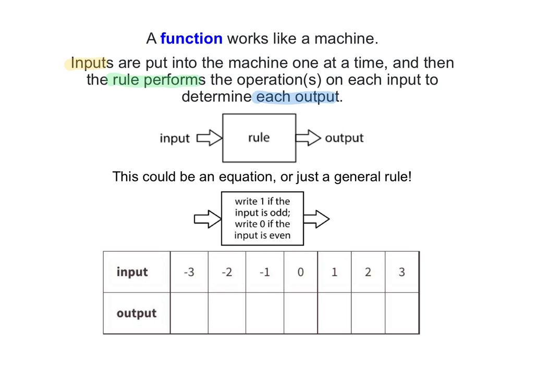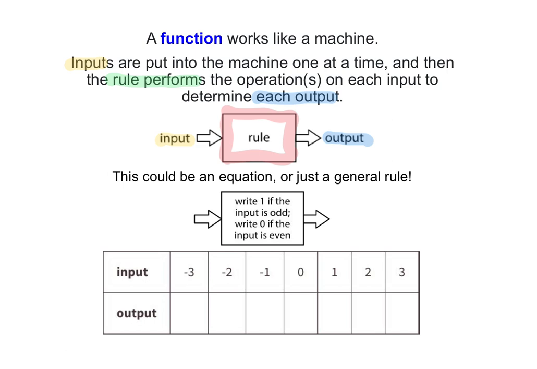So you can see this as our delightful function machine right here. Just a nice little box, and we're putting something in, and it goes inside that machine and the rule happens and it spits something unique out, and we call that our output. So this can be an equation or just a general rule.